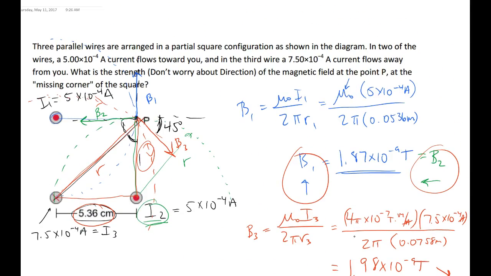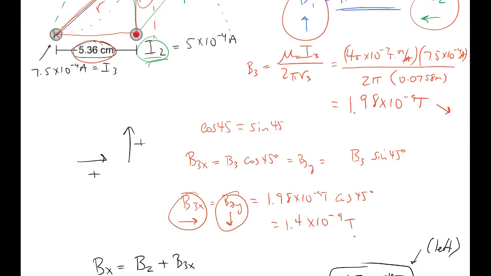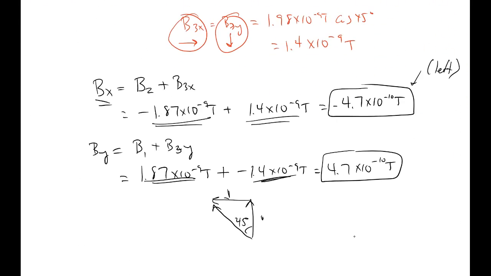But it doesn't ask that. It just asks what is the strength. How do I go about determining the strength if I know that side and that side? In other words, how do I add vectors that are perpendicular to each other? I Pythag them. So 4.7 times 10 to the negative 10th Teslas, the x direction squared, plus 4.7 times 10 to the negative 10th Teslas squared, square rooted.